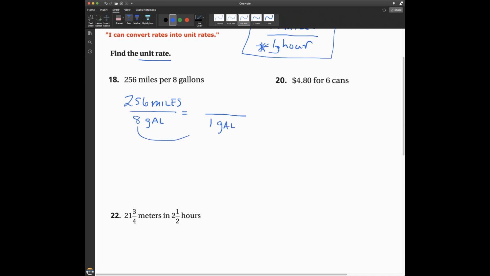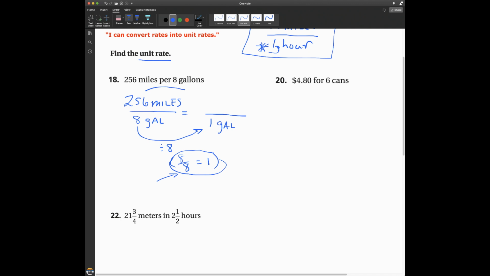Okay, so to go from 8 to 1, I'm going to use multiplication or division. So I'm going to divide by 8 because I know 8 divided by 8 equals 1. Okay, maybe put a circle around it. All right, so this is something that you have to remember, that when I take a number divided by itself, I always get 1.